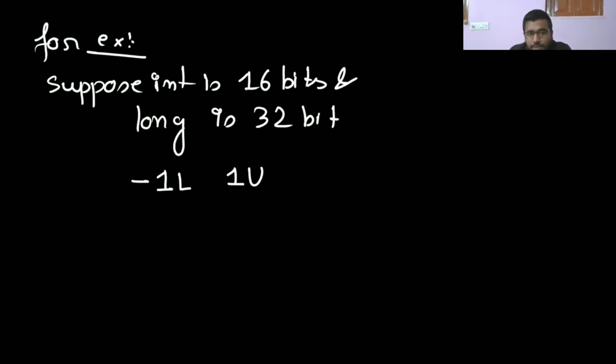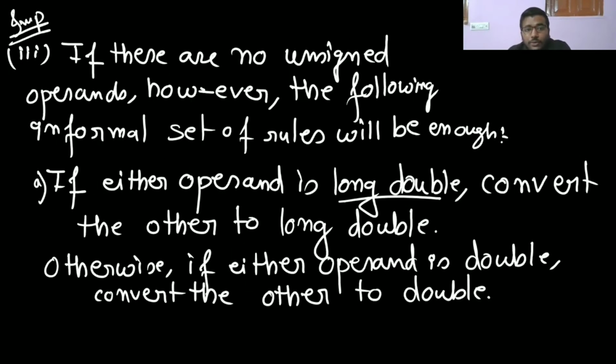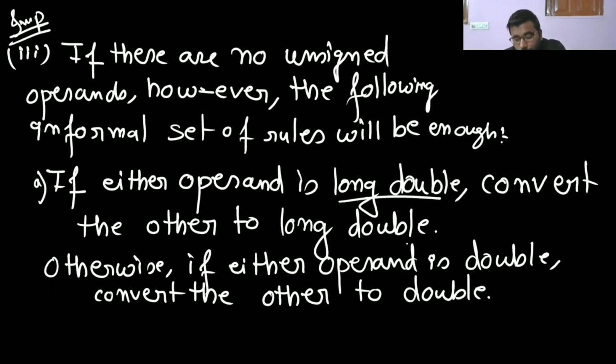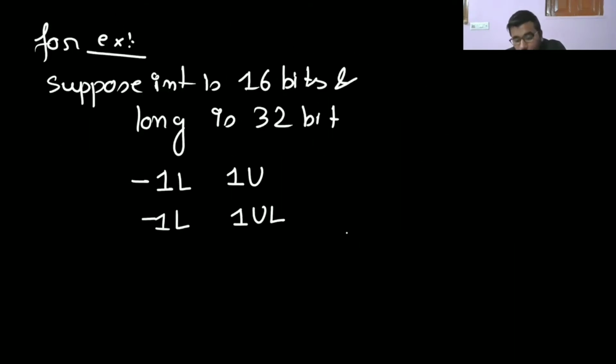So if I am writing minus 1L and 1U, one is long and one is unsigned. Before applying any operation, you know that the lower type is always promoted to the higher type before the operation proceeds. Sorry, one minute.